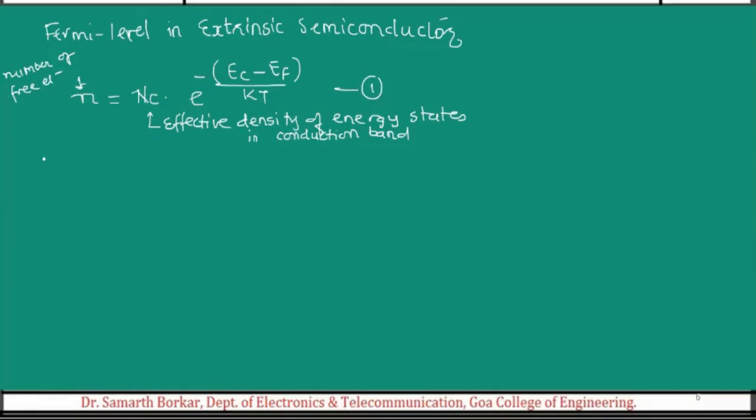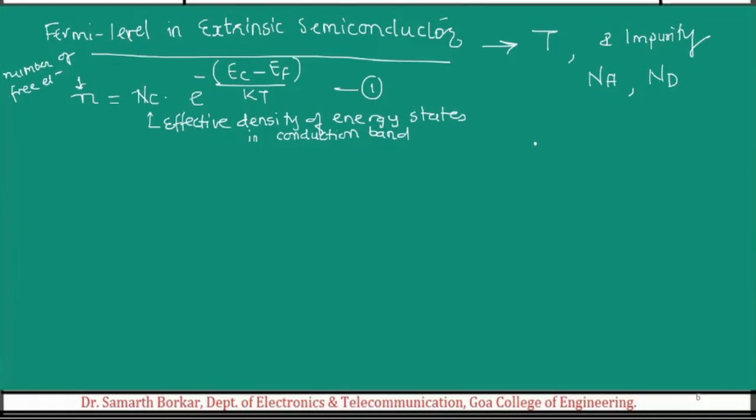Fine. For n-type semiconductor, now the objective, as I have told you, each and every concept has got an objective. Now what we are trying to understand here is how this is going to vary with temperature and impurity. Impurity depends upon the acceptor ions and the donor ions. Hope you recollect this.